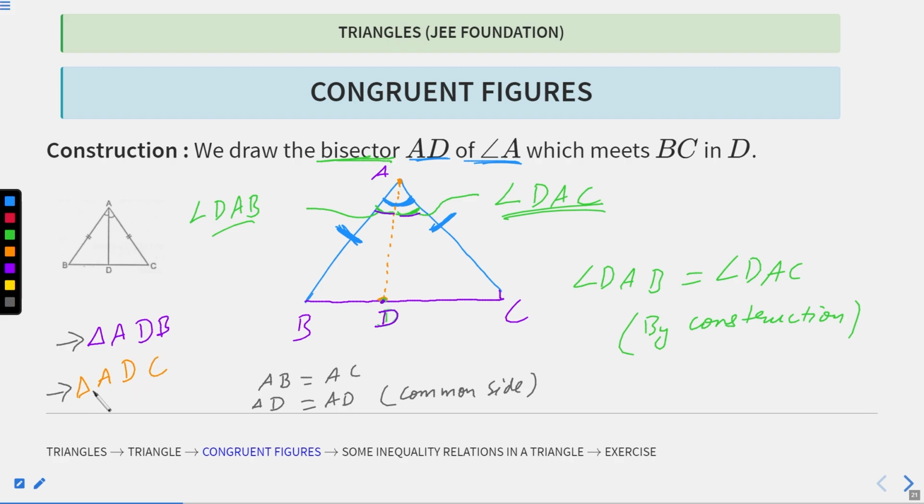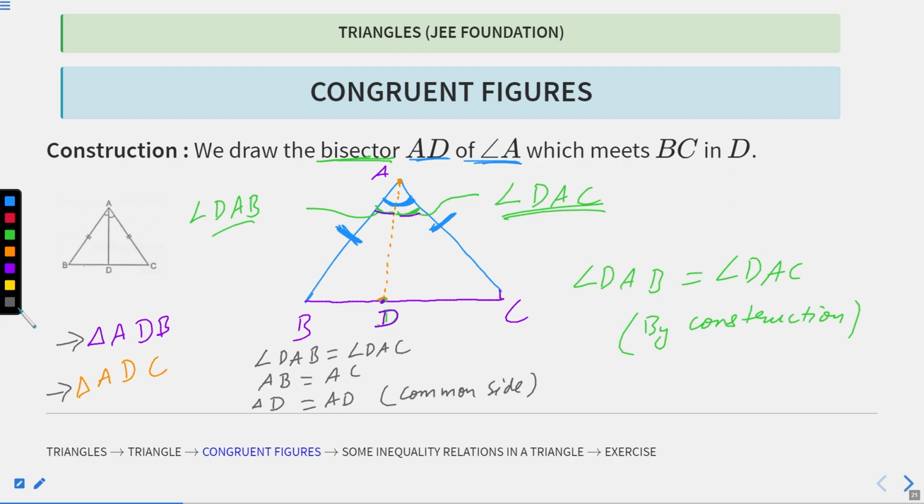And we also know by construction that angle DAB is equal to angle DAC.